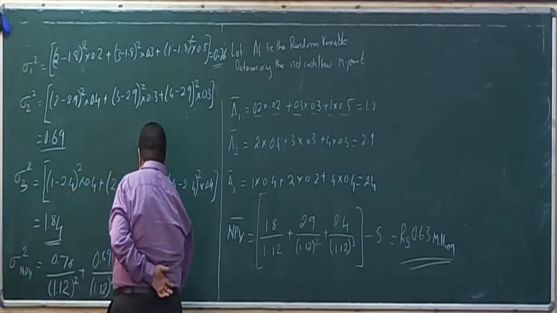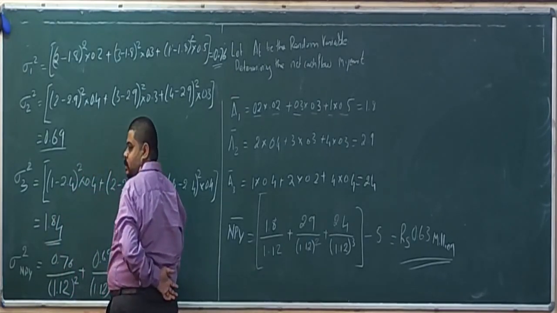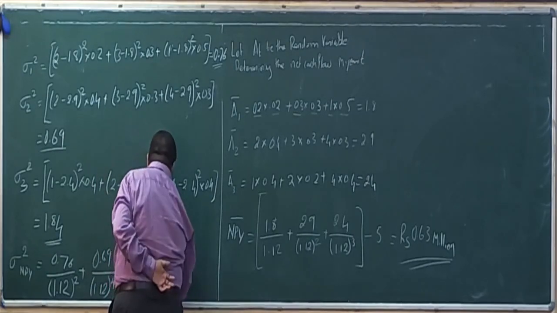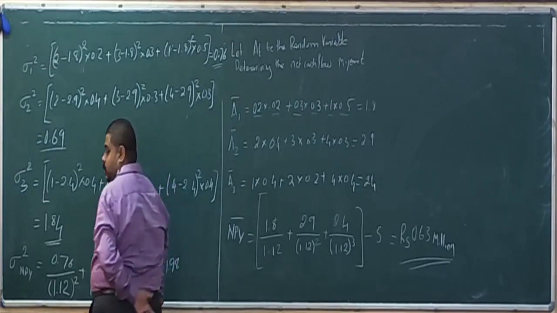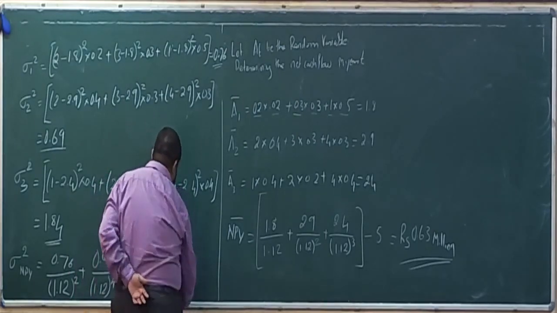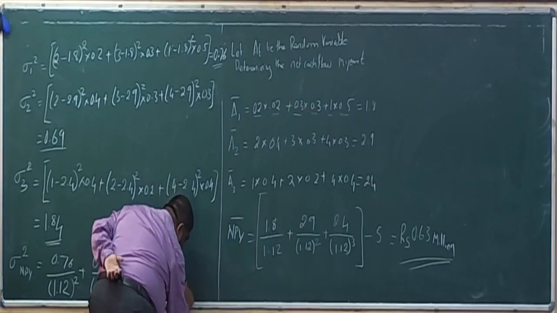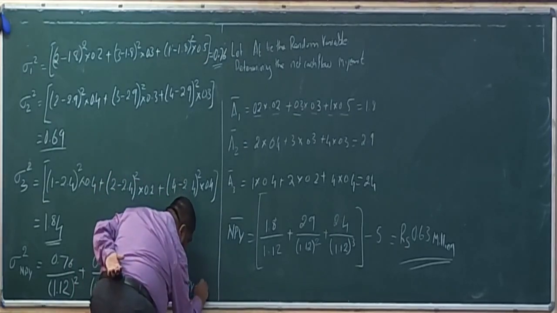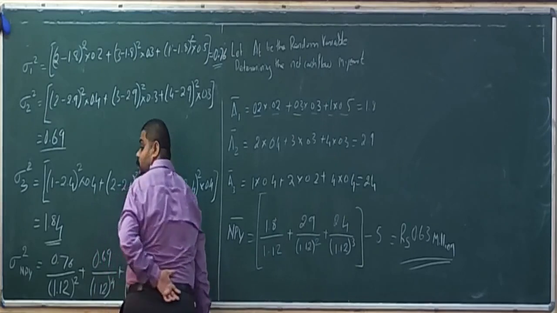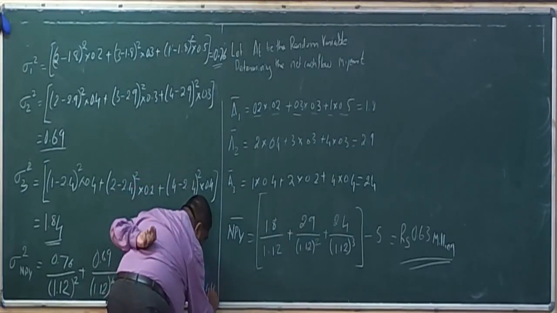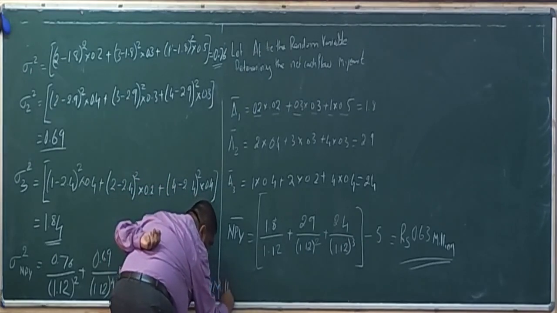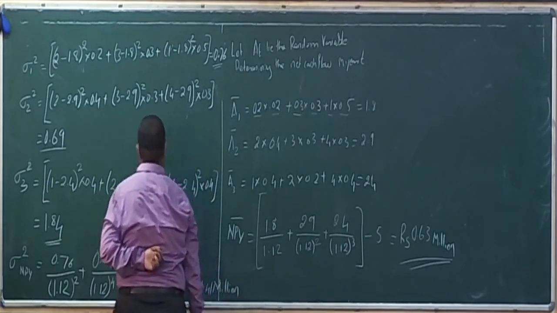So this will be 1.98, and the standard deviation of the NPV is equal to 1.41 million.